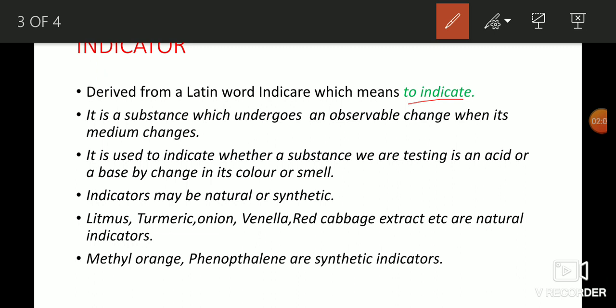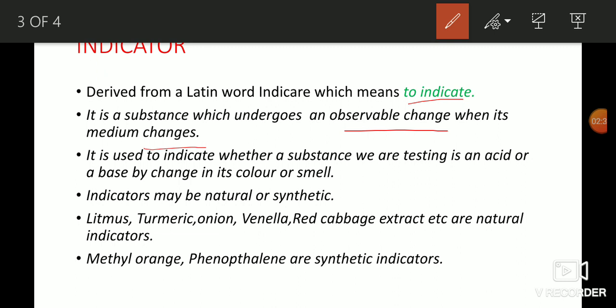It is anything which undergoes an observable change when its medium changes. What does that mean? This means if we take an indicator and drop it in any solution, this indicator will go under an observable change.